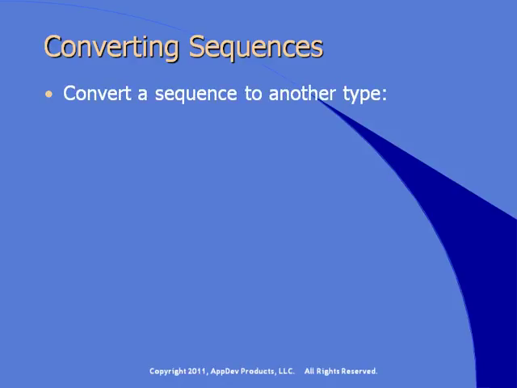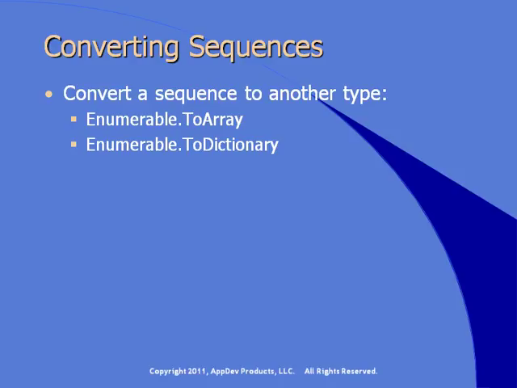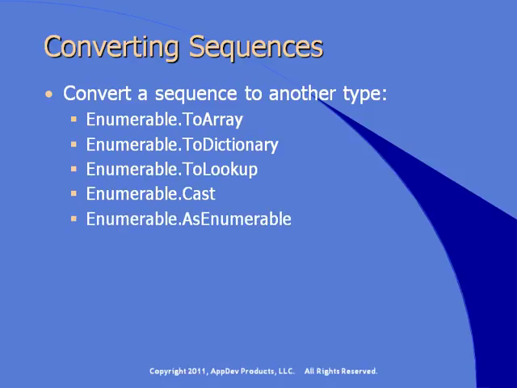If you want to convert a sequence to another type, you can use one of these methods. There's the toArray method, toDictionary, toLookup. There's the cast method, which we've used in an example, and the asEnumerable method. The asEnumerable method returns the input sequence cast as an IEnumerable of some particular type.